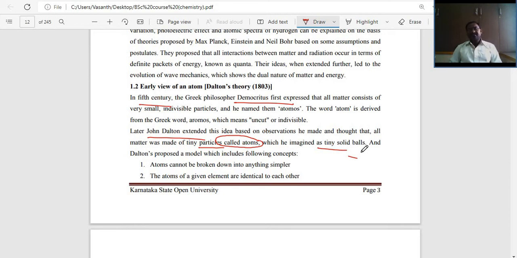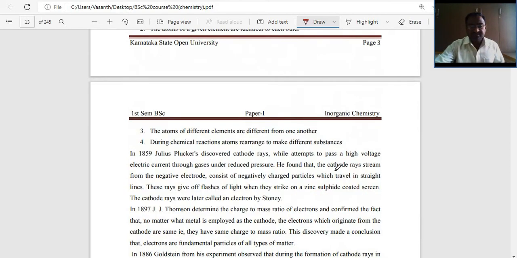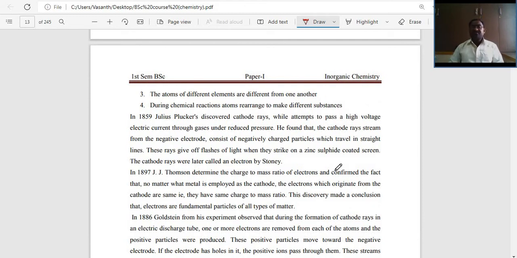According to him, atoms cannot be broken down into anything simpler. The atoms of a given element are identical to each other. The atoms of different elements are different from one another.